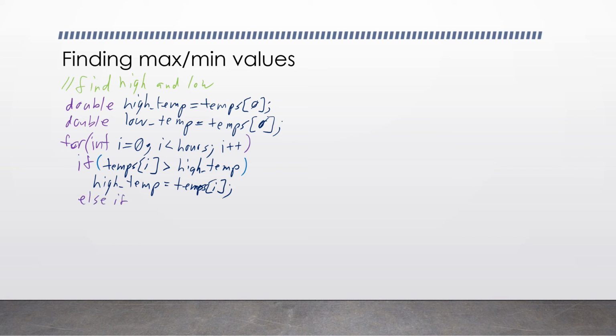Else if temps at i less than low temp, and we're going to swap low temp for temps at i. Okay. And we could put an else, but we don't really need one. We aren't going to do anything with the temperature that isn't higher than high or lower than low.